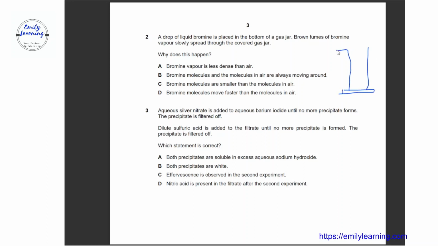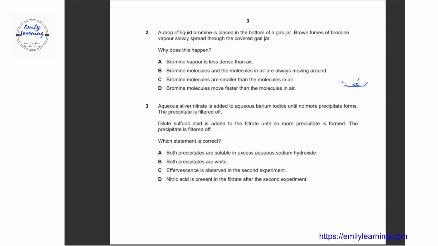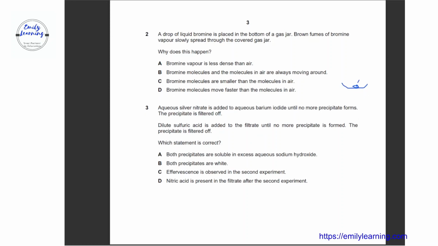Okay, so this is a gas jar. Maybe I'll put a crucible that contains bromine. So this is the drop of bromine that we have. Then I also have the gas jar, so let me draw out the gas jar here, something like this.